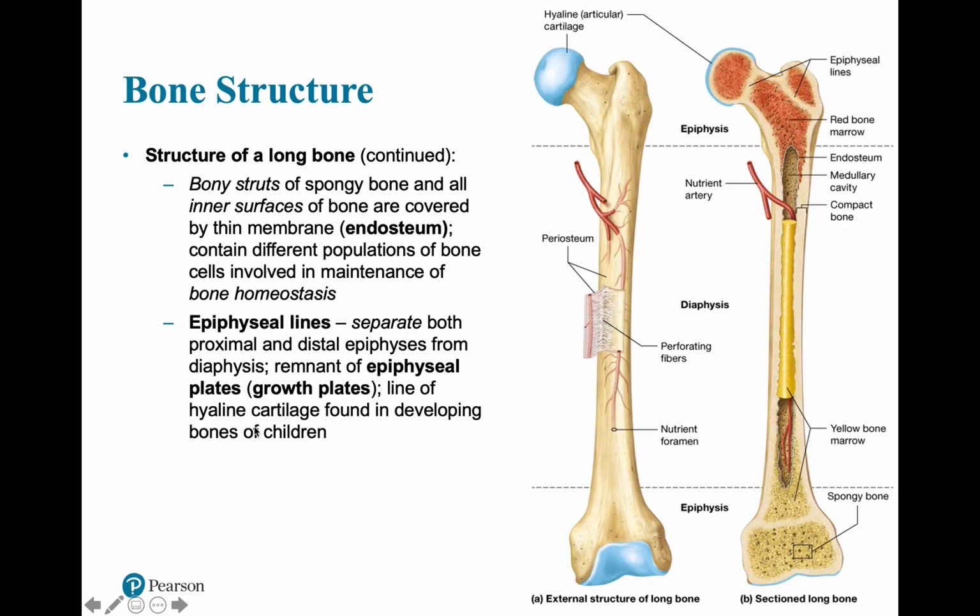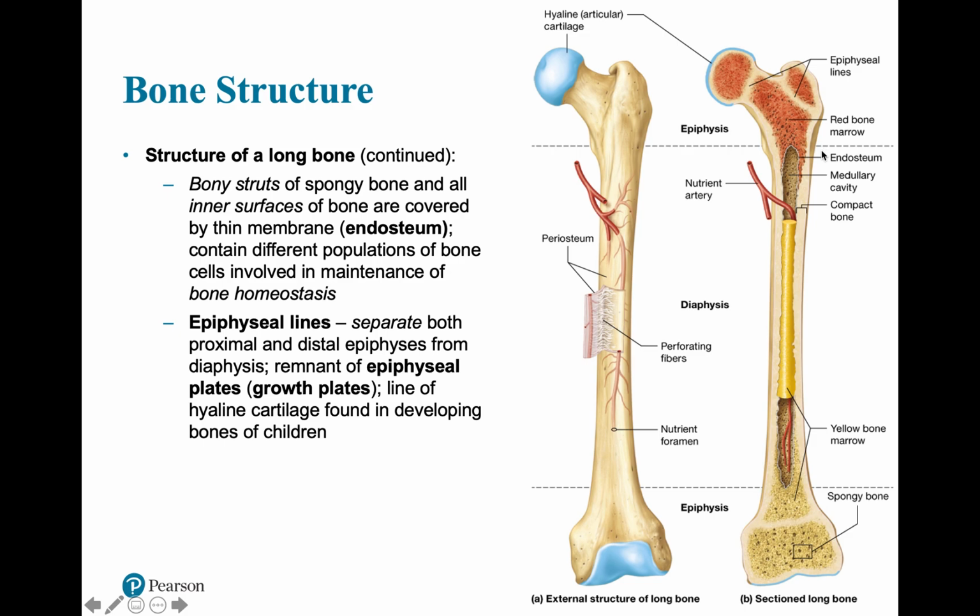All right, now there's another layer of connective tissue. We talked about the periosteum, which surrounds the entire bone. It's directly adhered to the outside of the bone. Well, on the inside, we can see the diaphysis has this carved out medullary cavity. Lining the inside of this medullary cavity is a very thin layer of connective tissue called the endosteum.